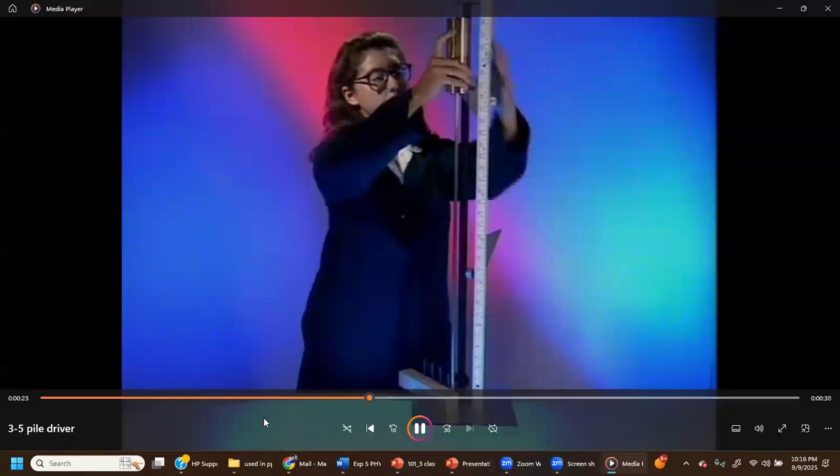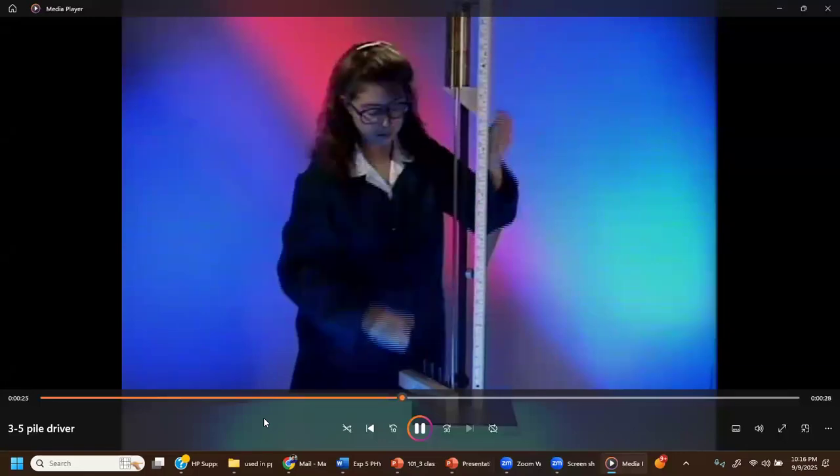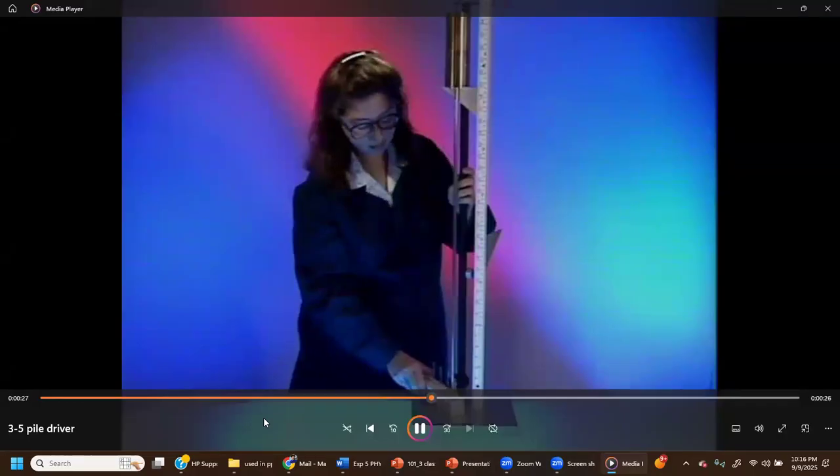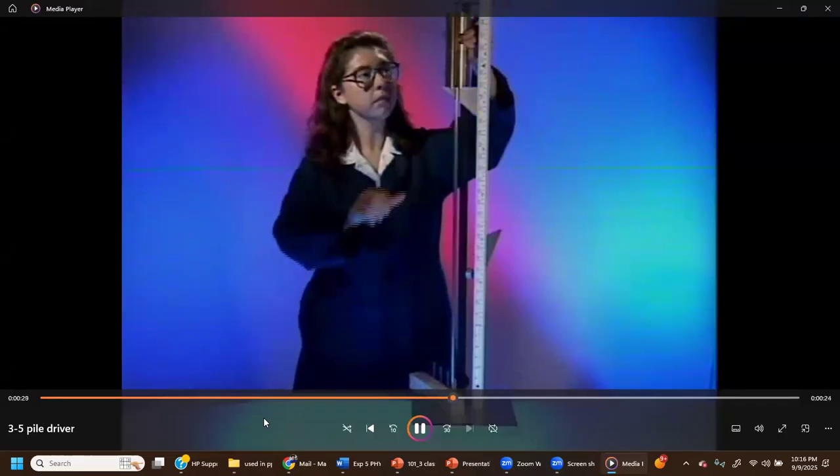Notice it's for more distance with the same amount of force, same amount of mass, just more distance. That means if she drops it down, it should drive the nail further because you're doing more work.